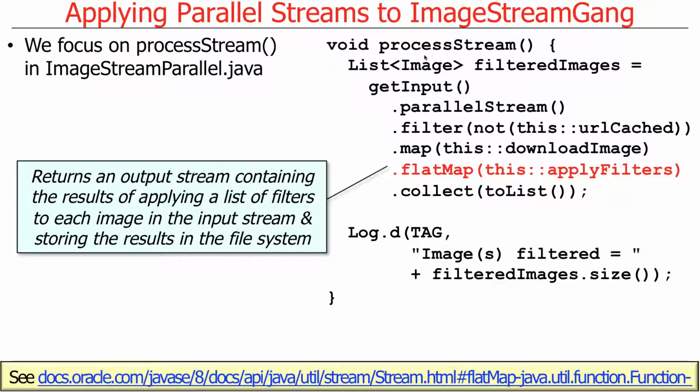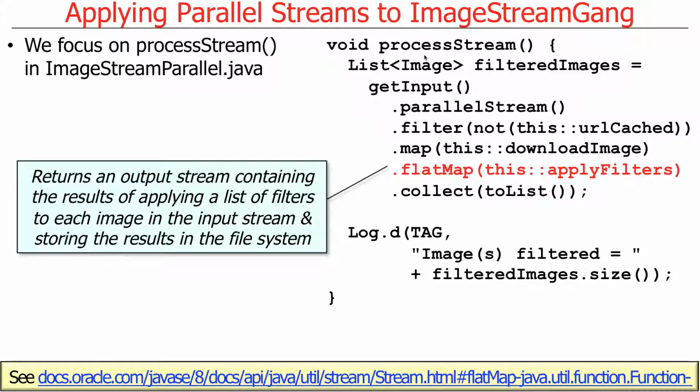So that's different from map, right? Remember, map always gave you back the same number of elements that you gave to it. It just maybe transformed them in some way, say going from a URL to an image object, right? But when we do flat map, we're now going to end up with more stuff. So apply filters is going to take in the image object, apply the filter, and create the output object.